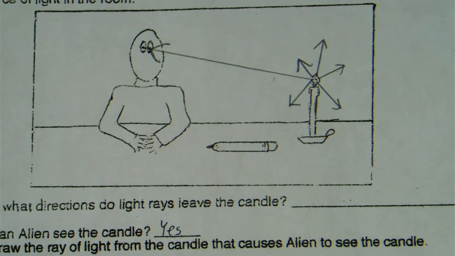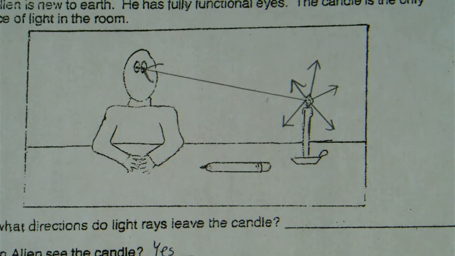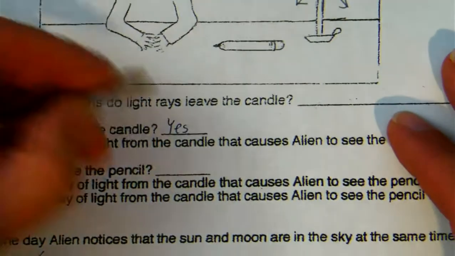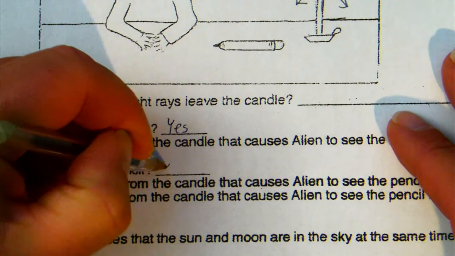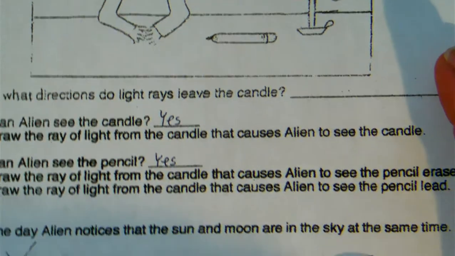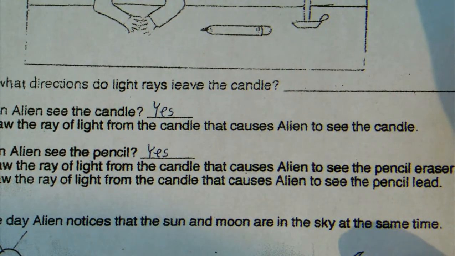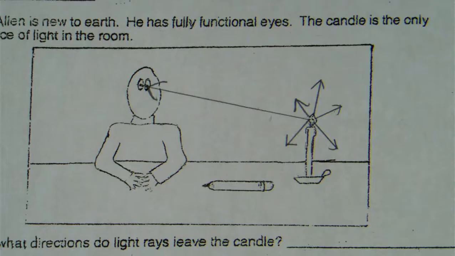Part D. Can alien see the pencil? A yes or no question. All right, so the student says, yes, alien can see the pencil. Part E, draw the ray of light from the candle that causes alien to see the pencil eraser.